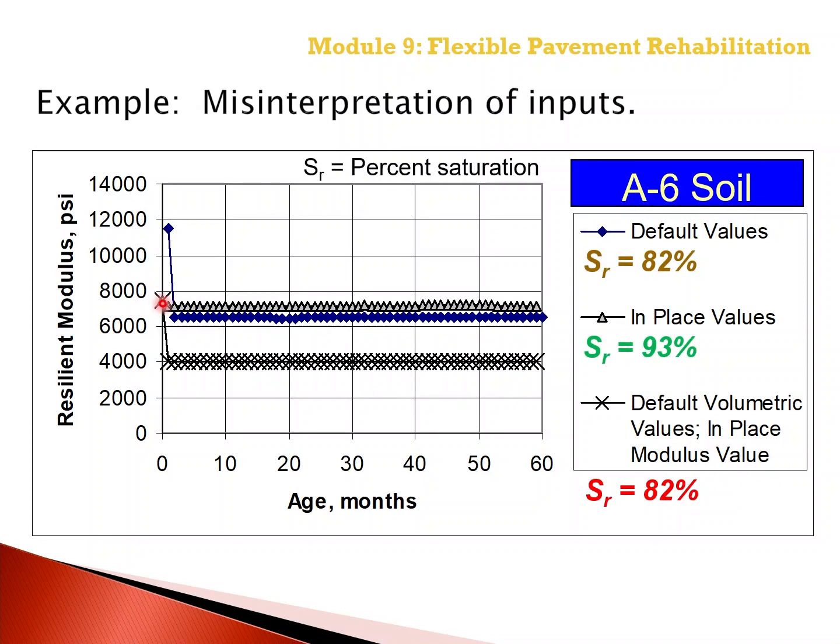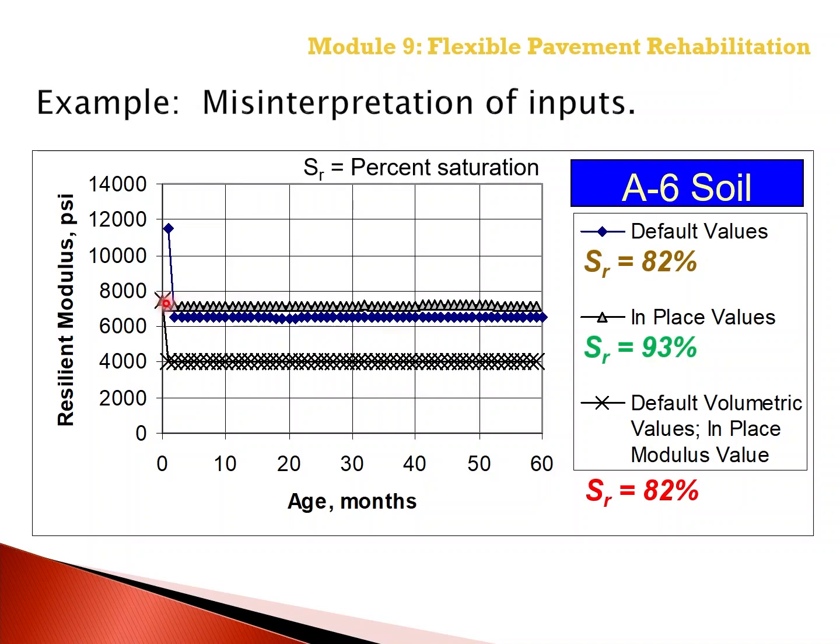So if we have our in-place modulus value of about, let's say, 7,500, but we're using the back-calculated in-place modulus values with the default volumetric properties, then the program is going to decrease that value much lower as the degree of saturation increases.